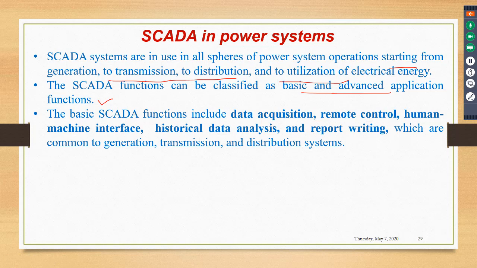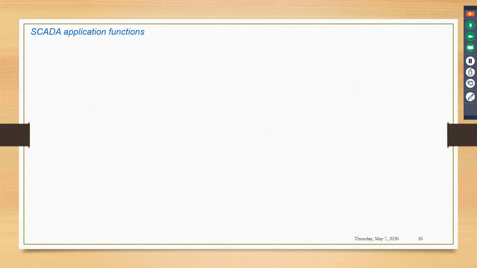The basic SCADA functions include data acquisition, remote control, human machine interface, historical data analysis, and report writing, which are common to generation, transmission, and distribution systems.